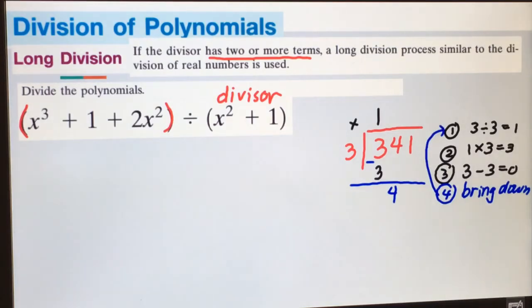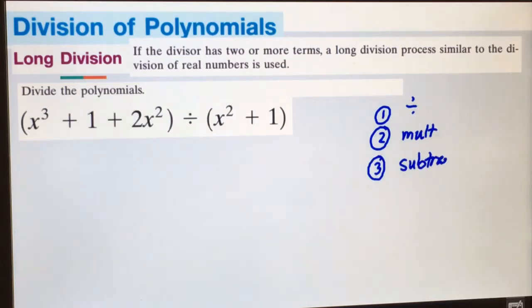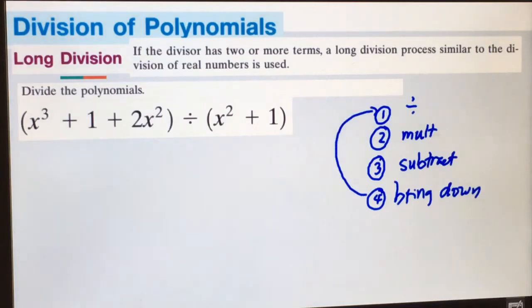Now, that process is actually similar to the long division of polynomials, where we first divide, next is multiply, next is subtract, and then bring down, which leads us to repeat the process again until we don't have anything left to bring down.